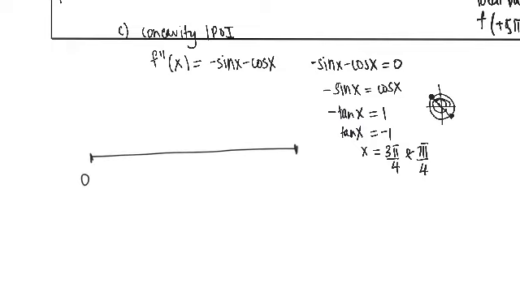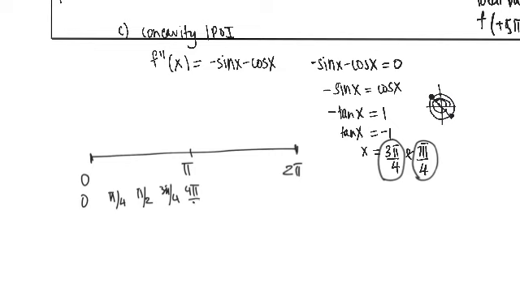I would go 0, 2 pi, and then I would just kind of count up in pi over 4s, because I know I'm going to have to position 3 pi over 4 and 7 pi over 4 on this number line. So I can count up by pi over 4: 0, pi over 4, pi over 2, 3 pi over 4, 4 pi over 4, which is pi, 5 pi over 4, 6 pi over 4, which is 3 pi over 2, 7 pi over 4, and then 8 pi over 4, which is 2 pi, right?